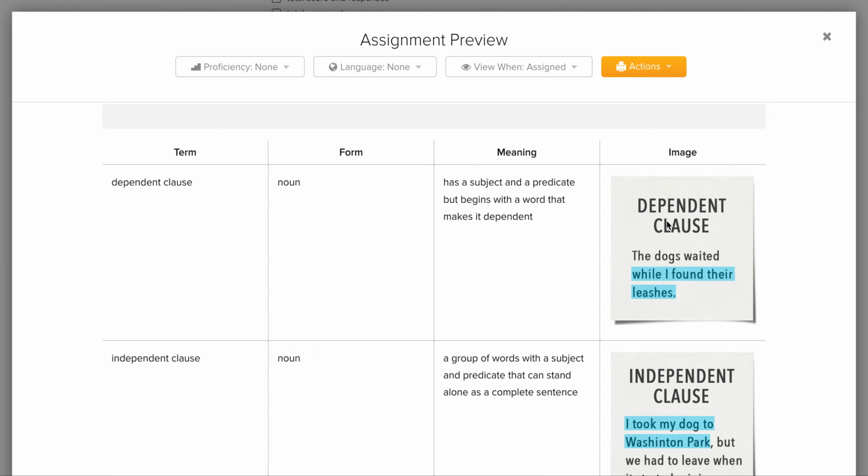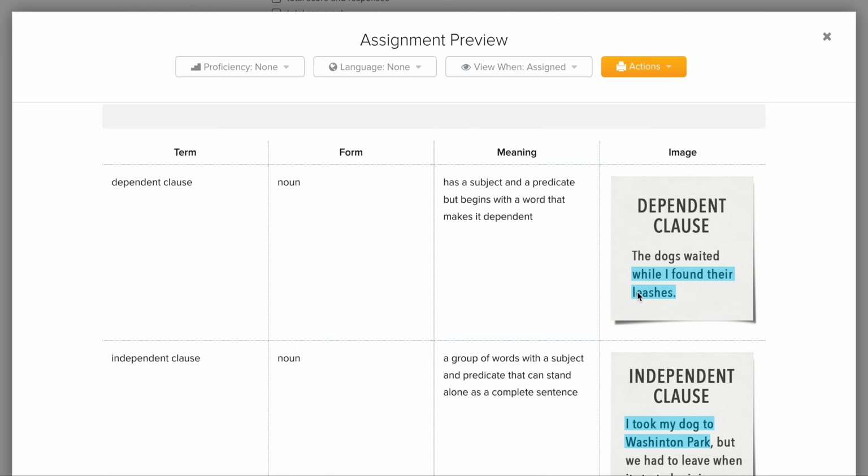So here's an example. "While I found their leashes." This does not make sense as a complete thought on its own, and the reason for that is because of this word "while." If you drop that word out and just had "I found their leashes," that makes a little bit more sense.